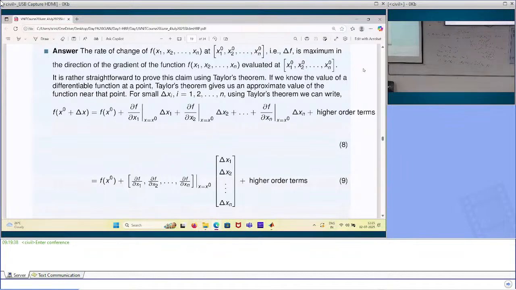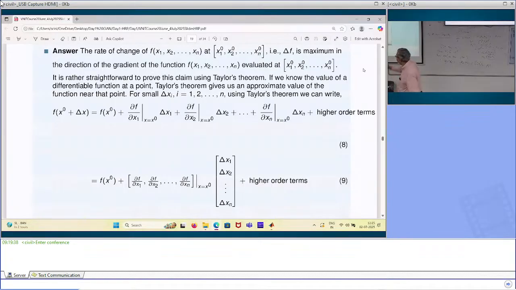So tell me which equation this is, meaning what rule, what theorem, what result I have used to write this line.